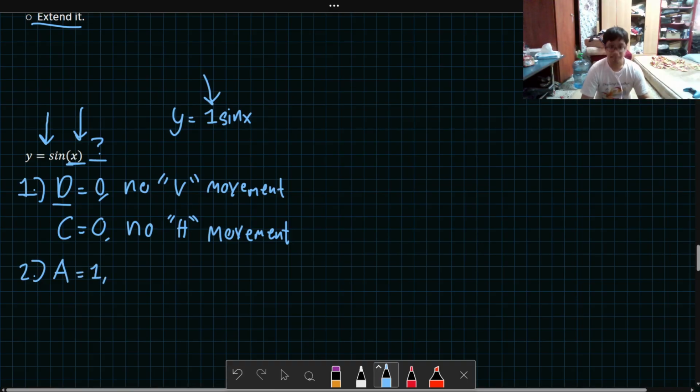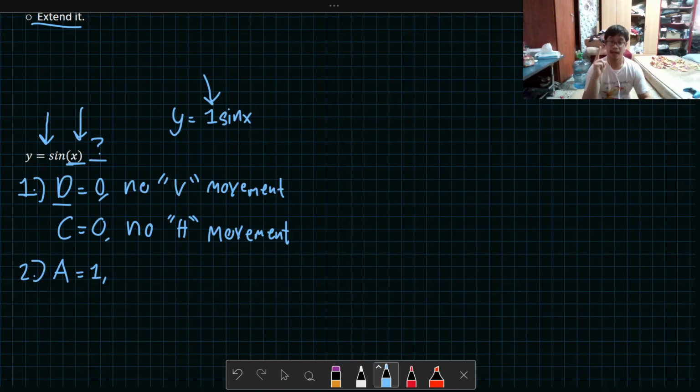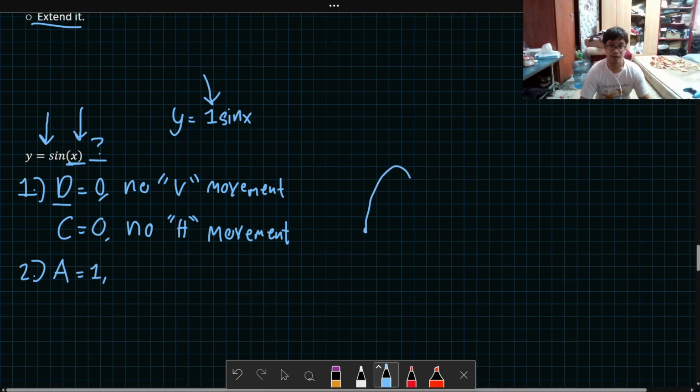So what does it mean when your amplitude is 1? Well, of course, the first reason is because it's based on the positive coefficient of your sine function. And number two, that will be the length between the midline up to the maximum point and between the midline to the minimum point. So expect that if you're going to graph a sine function, suppose it would look like this, there's a midline.